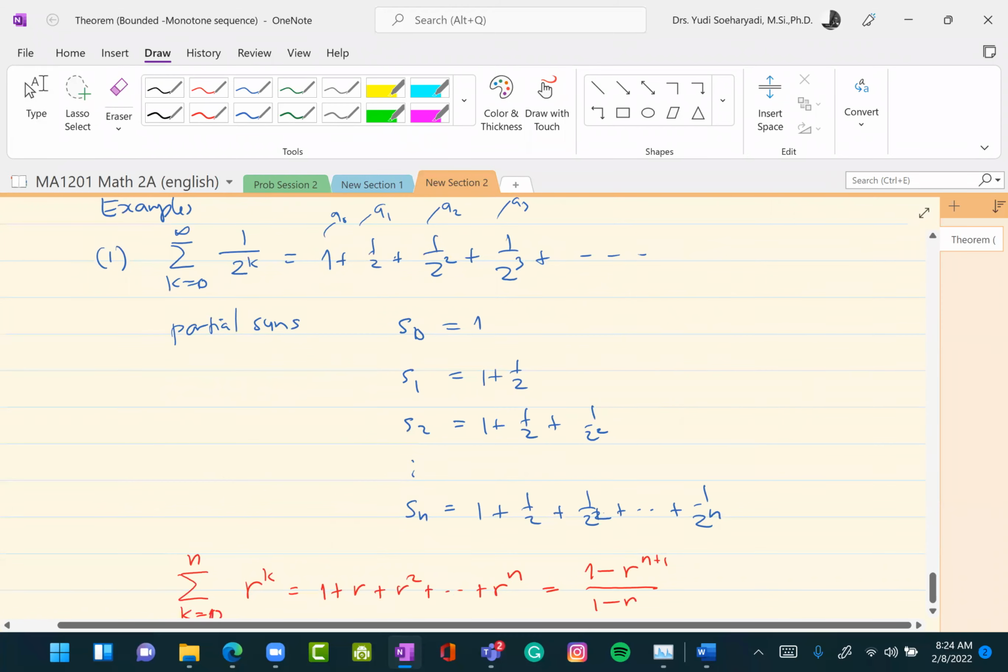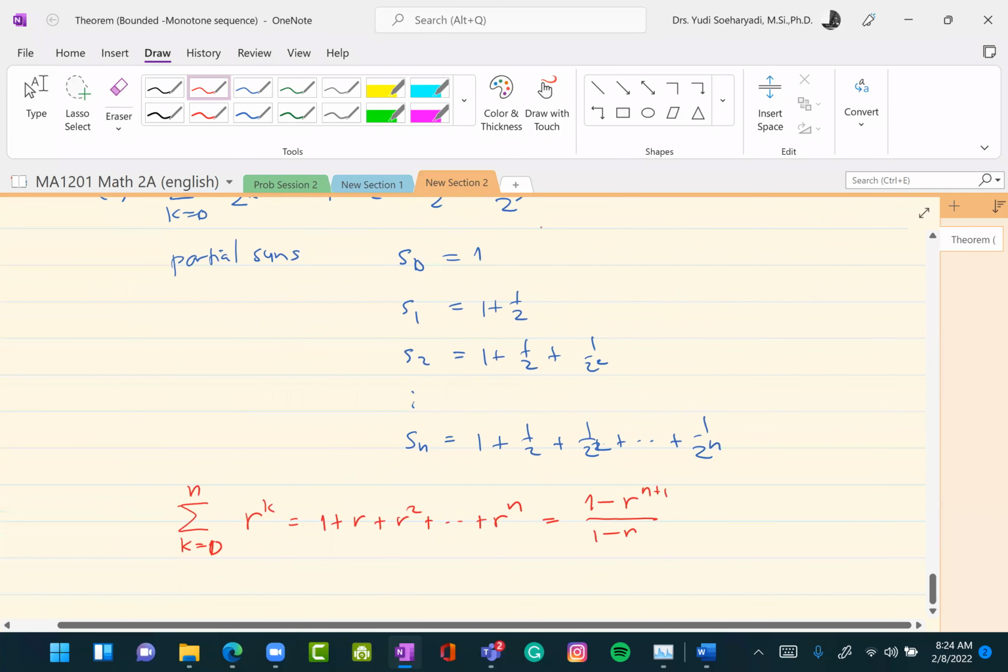So we know the partial sum should be 1 minus 1/2 to the n plus 1 over 1 minus 1/2. This is still easy to compute.